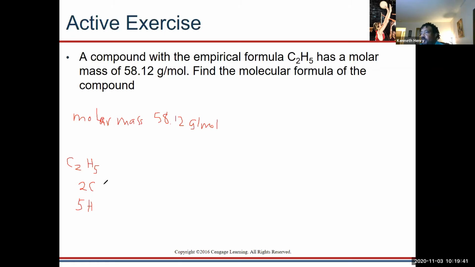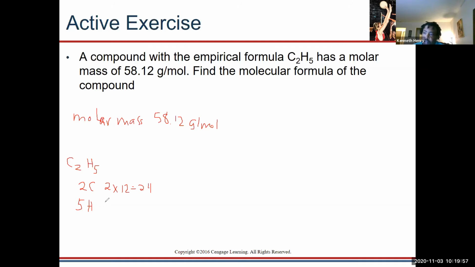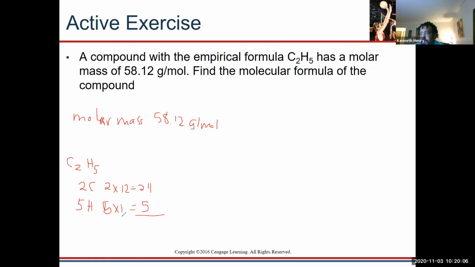So 2 times what? 12 per carbon, right? Yep. And then for hydrogen it's 1 gram each, so 5 times 1. Okay, we add it together. We get 29 grams per mole.